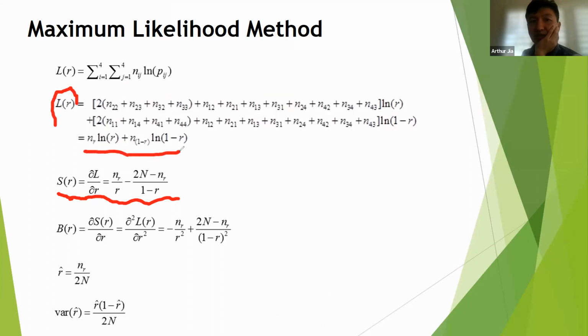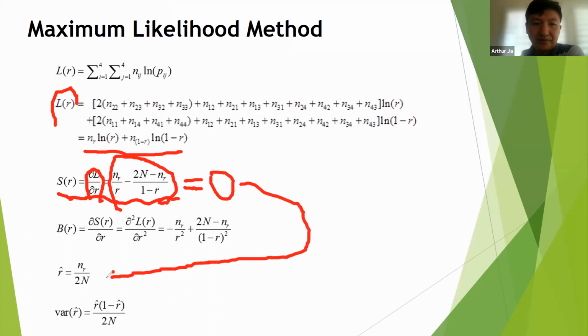Just simplify this. This is easy, right? You do this and this, and you set it equal to 0. Then you do a little bit of not very complicated algebra, and you can end up with this. After that, you do the second derivative of your score function. This is the B function or H function, and then you can get this.